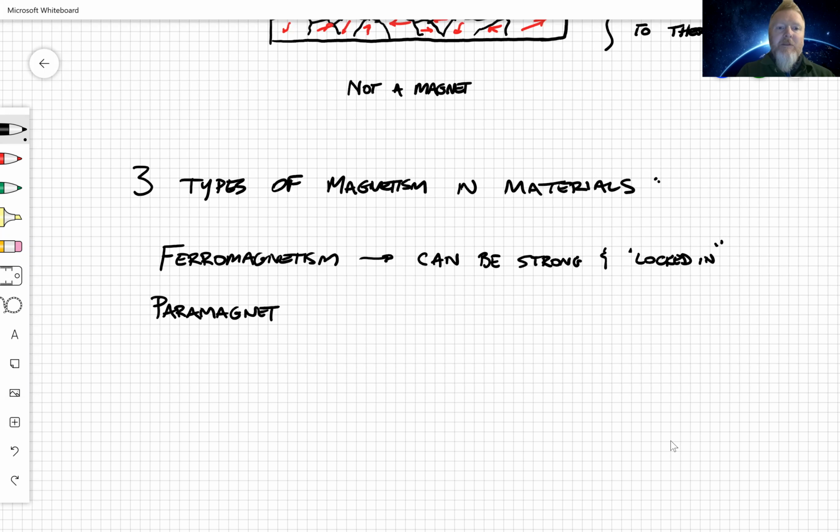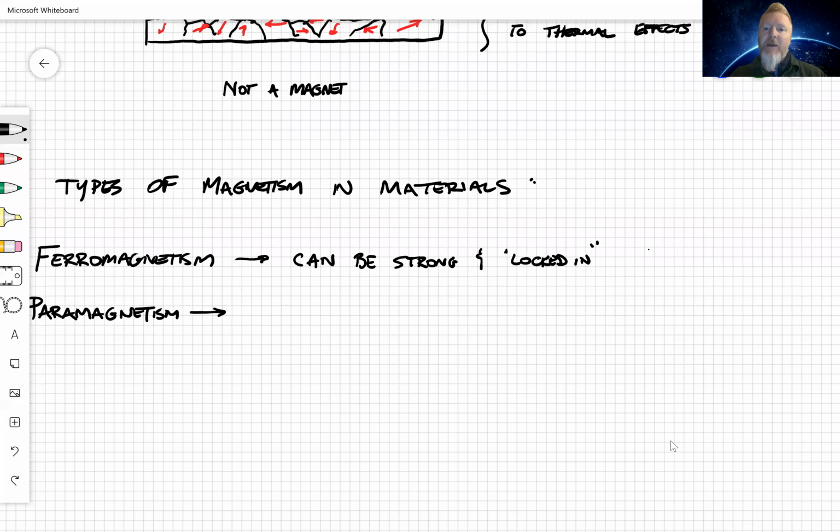Paramagnetism, this is the one where, so ferromagnets are magnetic materials. They can be magnetized. This is like the equivalent of induced polarization, like when you rub a balloon on your head and stick it on the wall.